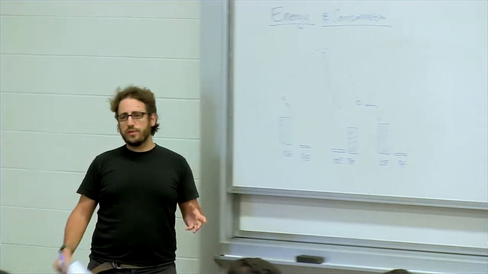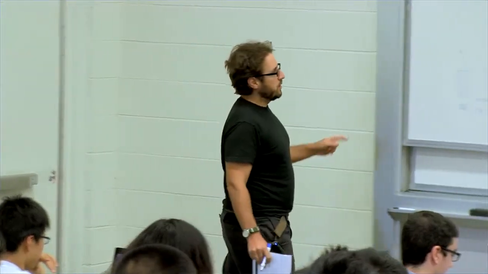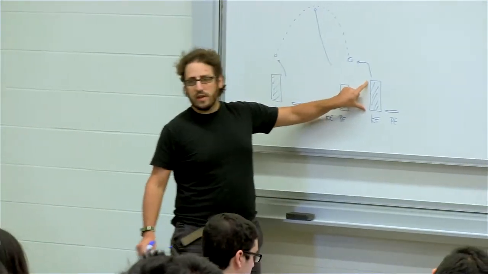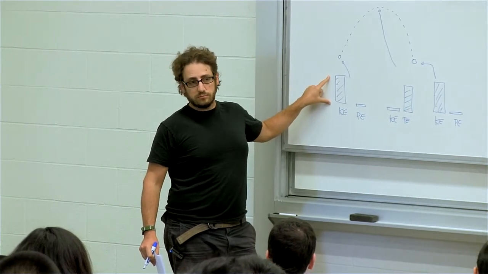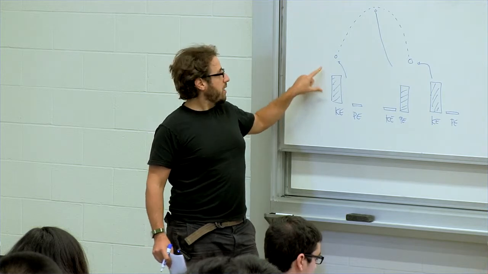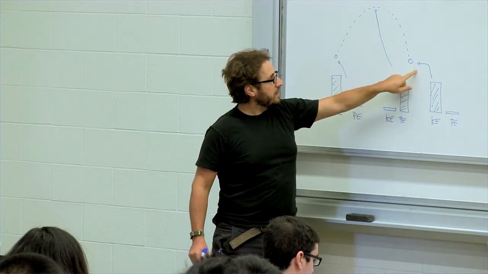So the energy just shifts from kinetic to potential and back. You guys know that well. Why is it that you end up with the same amount of kinetic energy here as you started? Gravity's conservative, right? All the potential energy that's created gets turned back into kinetic energy.